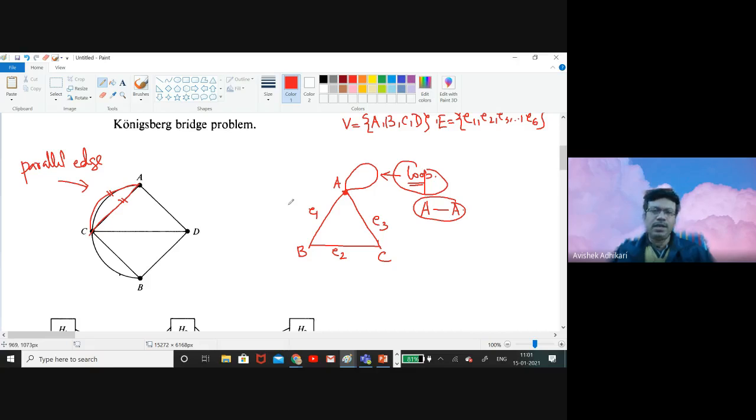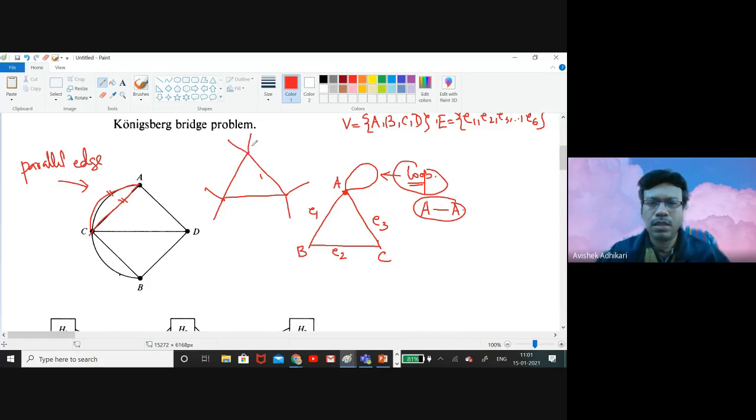For example, this is an example of a graph.